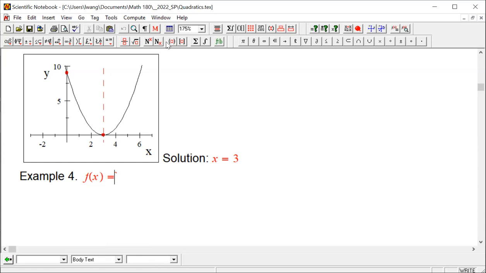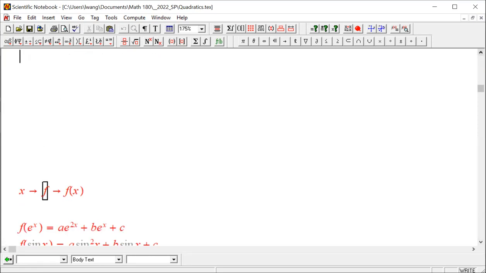And this example is as follows. It's x squared plus 4x plus 5.